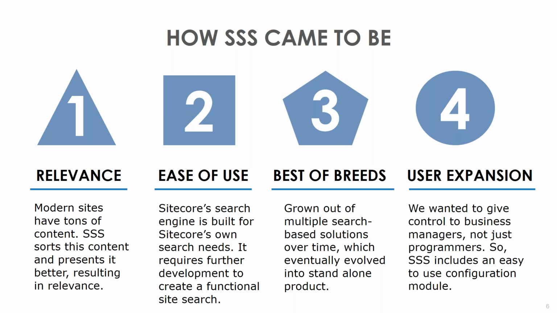So why did we come up with SSS? I touched upon it a little bit. Really what we found was almost every customer of ours had a lot of content, and they were looking for ways to deliver the content fast and be able to give end users the ability to search for relevant content.